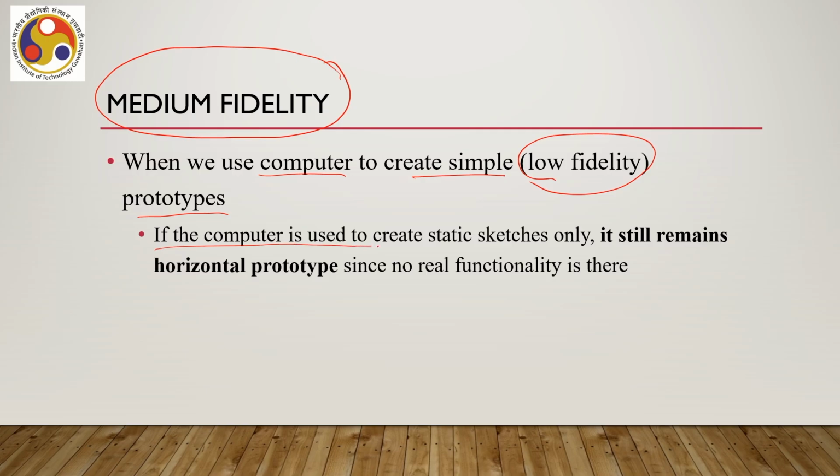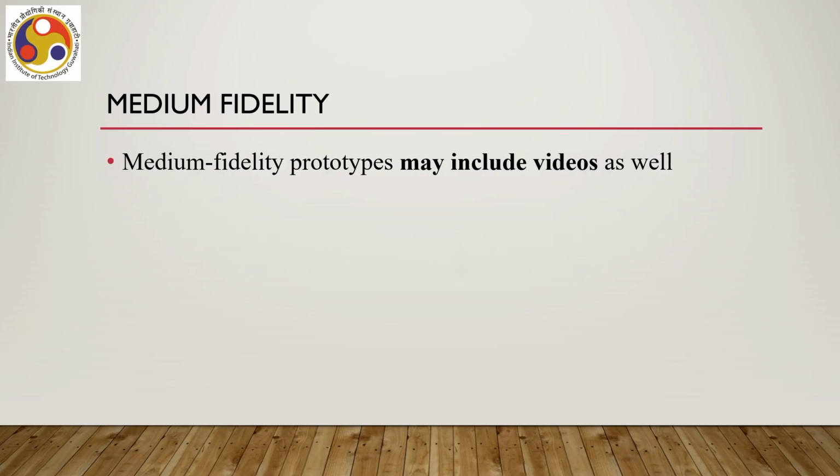If the computer is used to create static sketches only, it still remains a horizontal prototype since no real functionality is there. So, essentially the computer is used to just build the prototype rather than adding anything. We can also include videos in the medium fidelity prototype as well, which is not possible with a low fidelity approach.